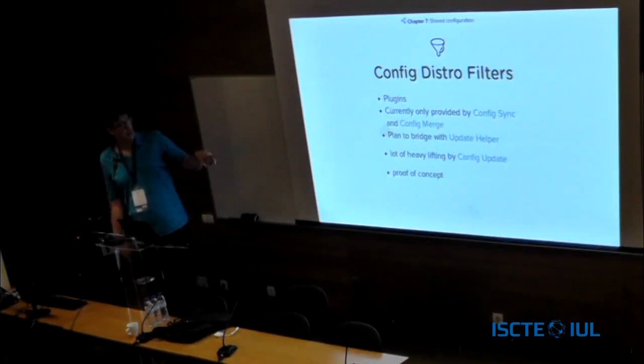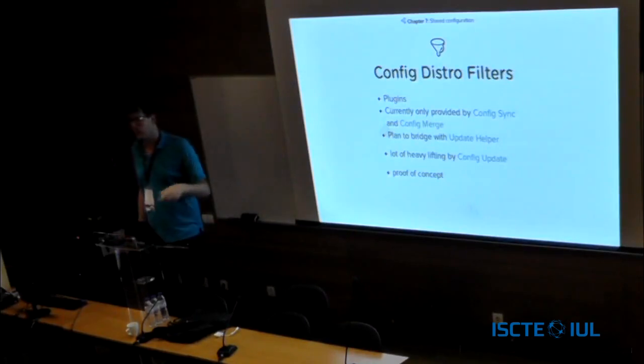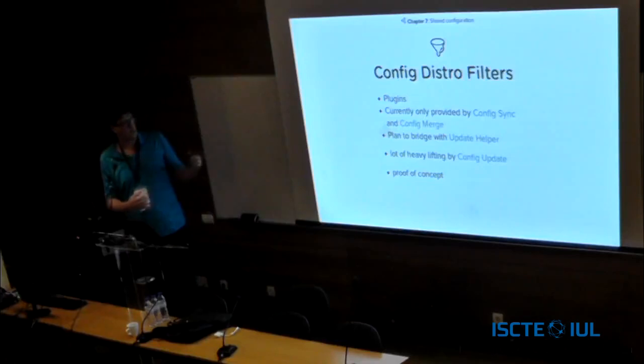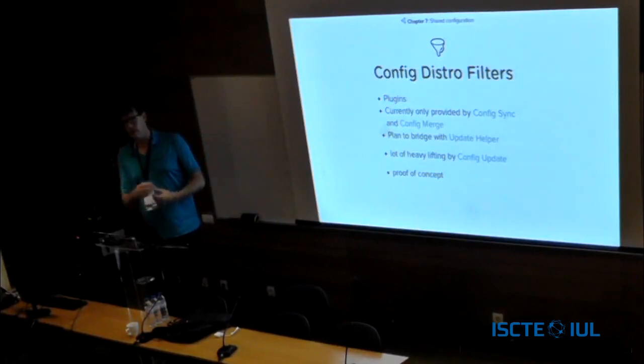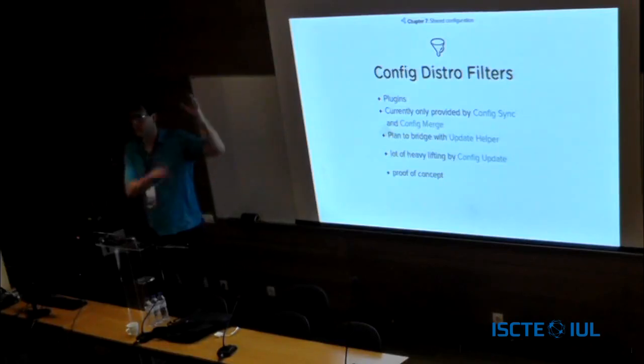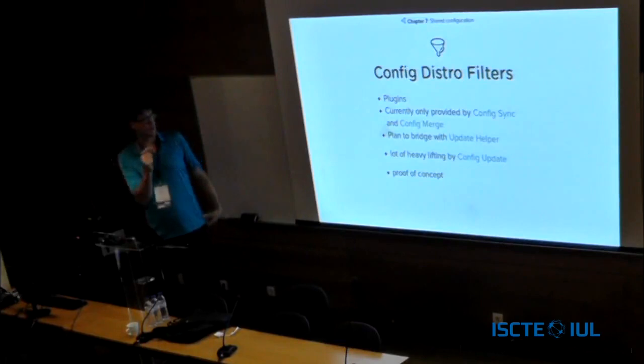And there's an update helper module that came out of the Thunder distribution that essentially creates a config patch that is to be applied. And I'm planning to make a bridge between config distro and update helper module so that config distro can apply the patch. And then you can opt in or opt out because it's a UI, and you can say, no, I don't want this.